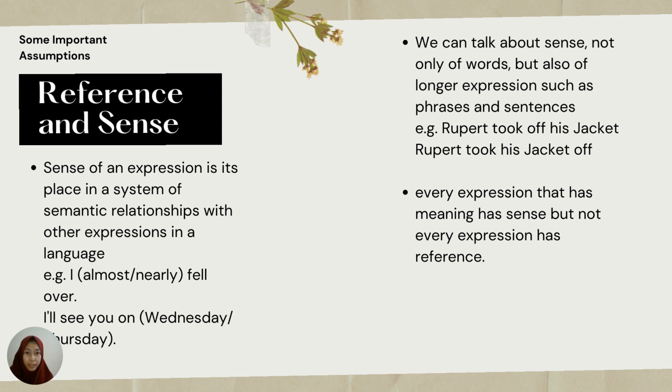We can talk about sense not only of words but also of longer expressions such as phrases and sentences. Example, Rupert took off his jacket or Rupert took his jacket off. Every expression that has meaning has sense, but not every expression has reference.